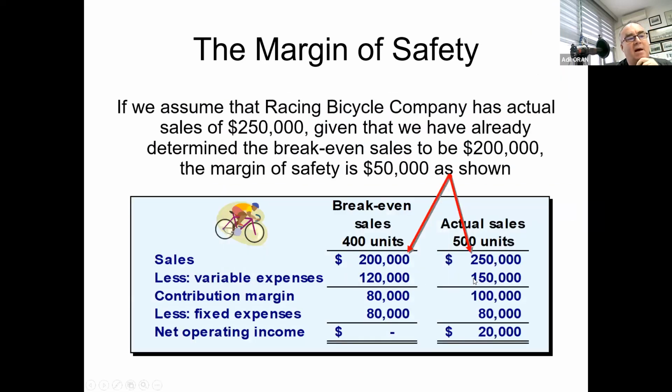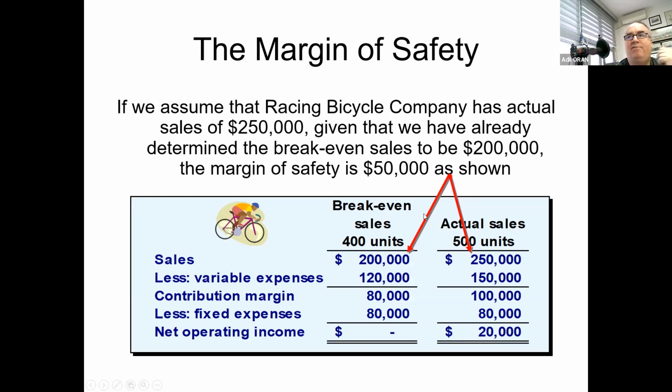For our bike company, you plan on selling 500 bicycles per month and 400 was your break-even. So even if sales go down by $50,000, you are still at break-even. You're still not losing money.